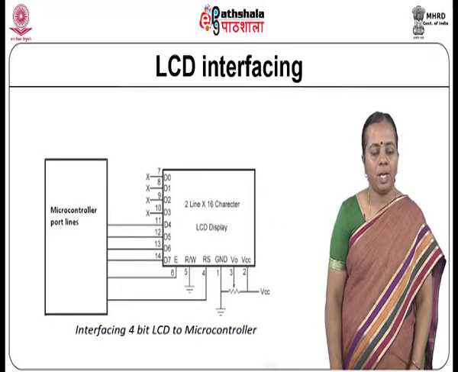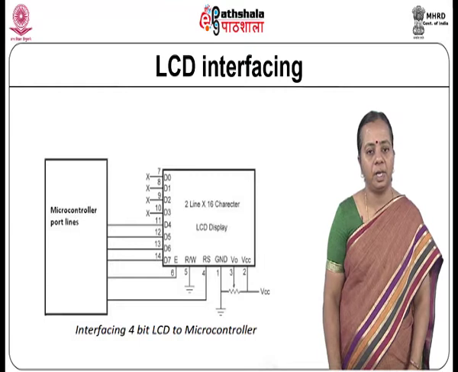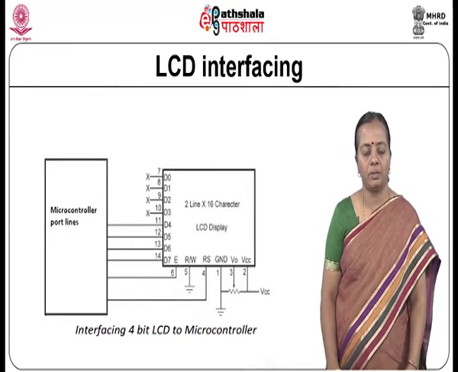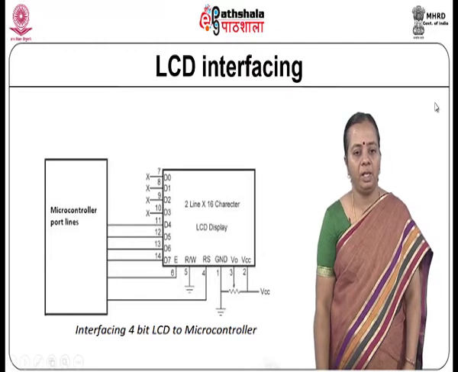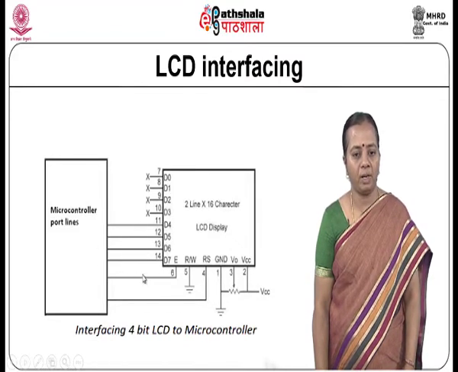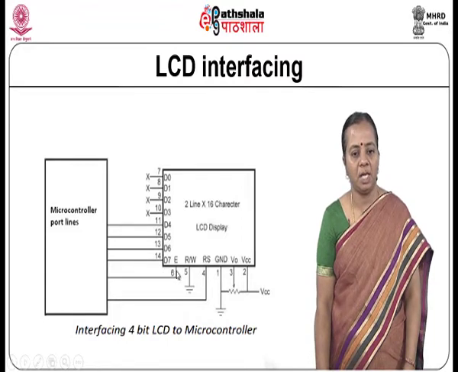When you are looking at the interfacing of LCD with a microcontroller, this is with respect to the hardware part. We have 7 or 8 pins for communication. Here we will be connecting 4 pins for data communication, and the E enable pin.